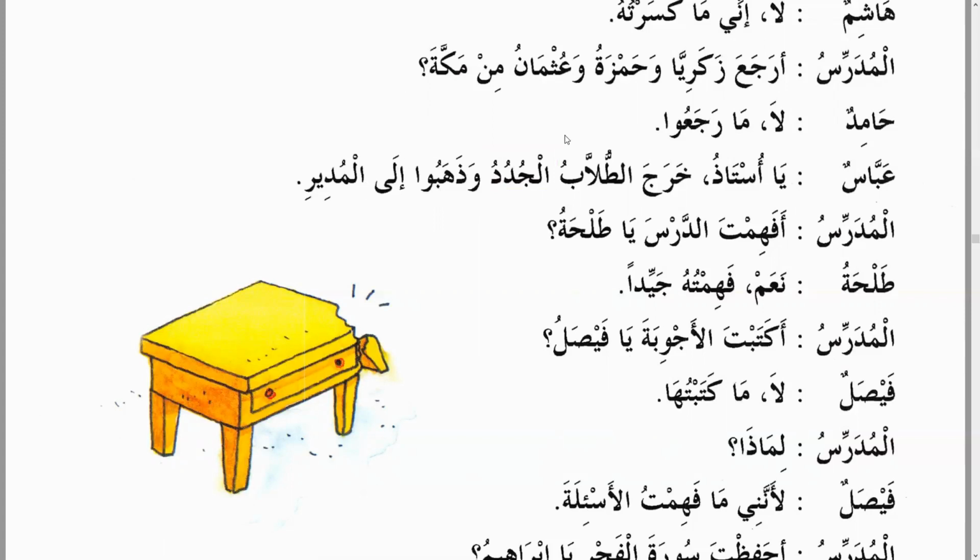Now, what he's trying to teach us here is that even though the fa'il is plural, we will use a singular verb, kharaja. We cannot say kharaju here, because two fa'ils cannot come. Kharaja tullabu al-jududu wa dhahabu ila al-mudiri.